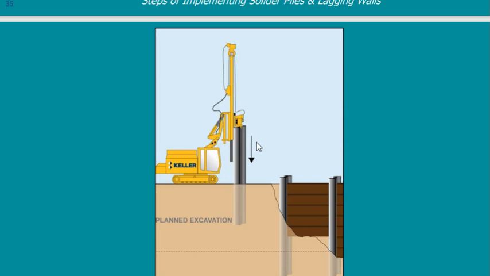Once I finish drilling a hole in the ground, I can penetrate any layer. If I have rock, I can penetrate the rock. It depends on your machine. By this, I can be sure that I will reach the depth I need.